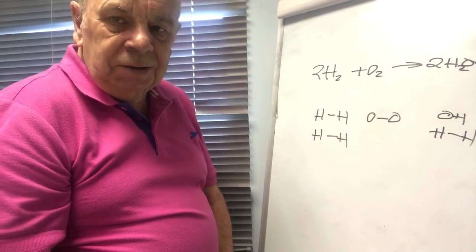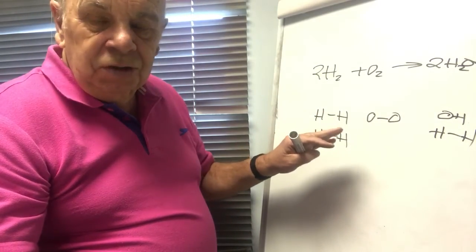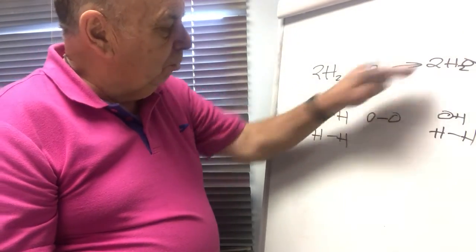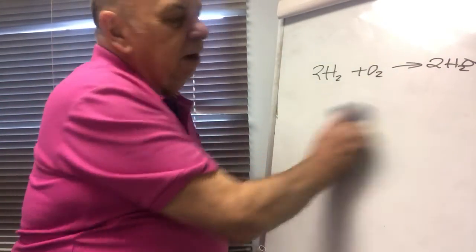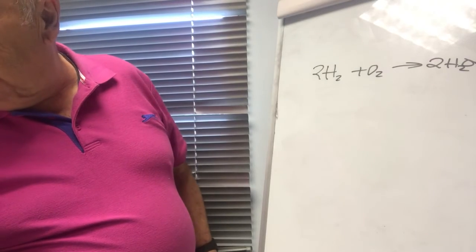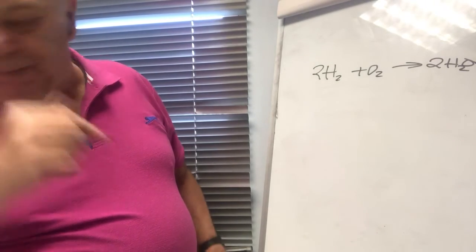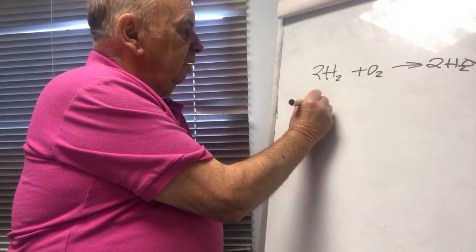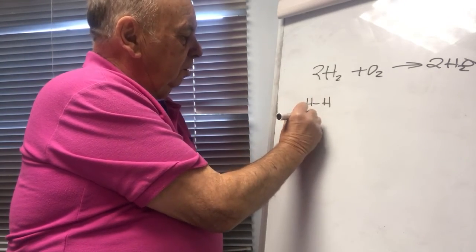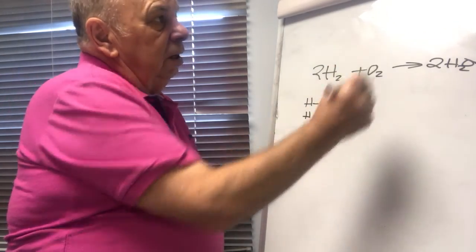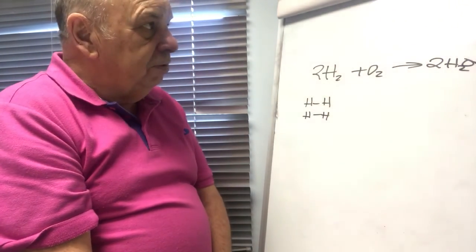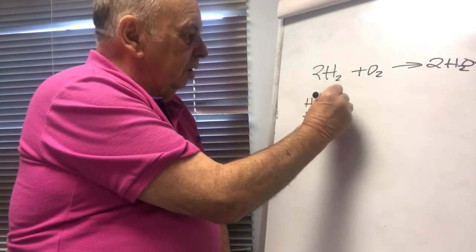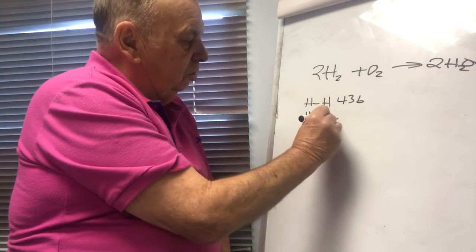Now, let's look at the calculation of the bond energies of the reactants with the products. This is exactly what I've got. I've got H, H, H, H. The bond energy of hydrogen to hydrogen is 436 kilojoules.